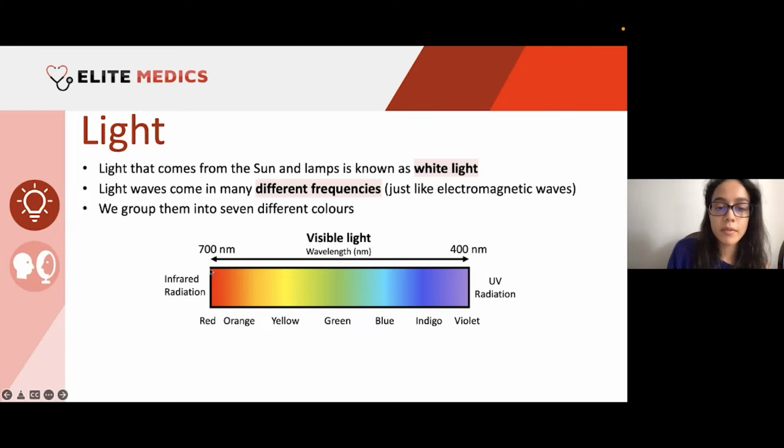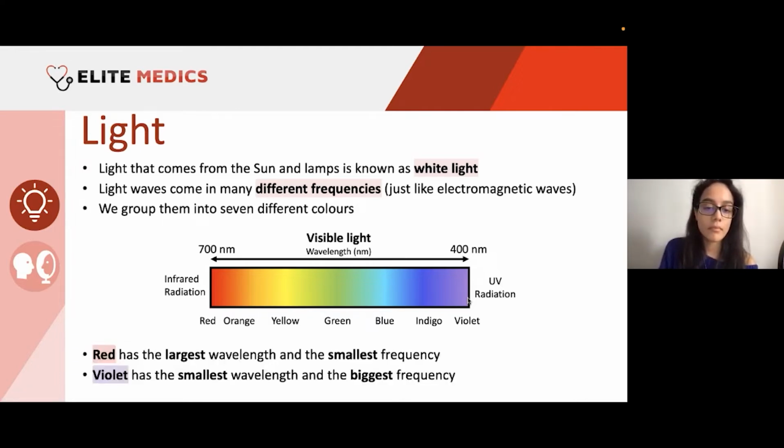And just to remember, red has a wavelength of about 700 nanometers. Violet, next to UV radiation, has a wavelength of about 400 nanometers. Okay, so red light has the largest wavelength and the smallest frequency.